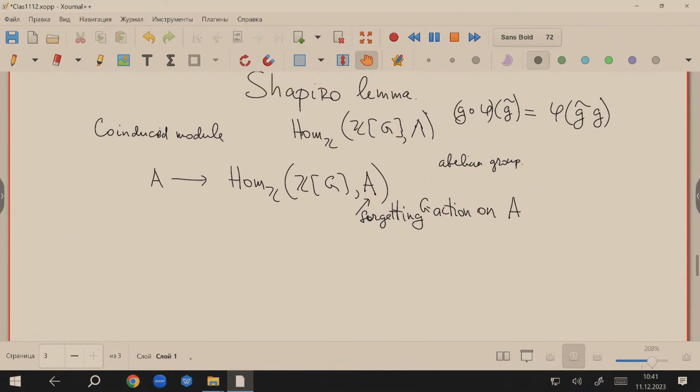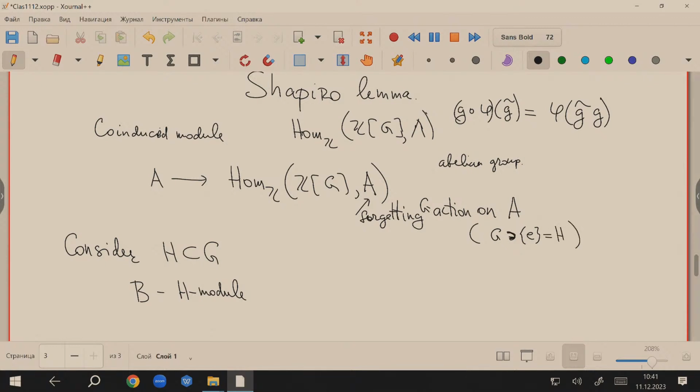So consider a group and a subgroup, and then you can start with an H-module B. Here you think of Lambda as, for example, a trivial module, the module of a trivial group. This construction is just saying that G contains the group generated by just the unit element, so Lambda has a trivial action.